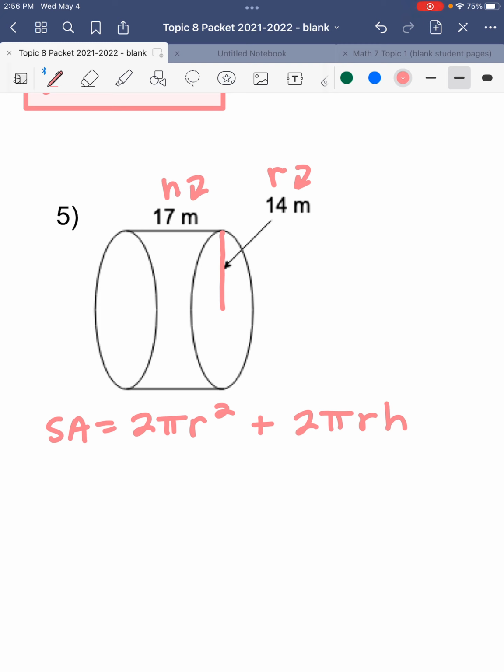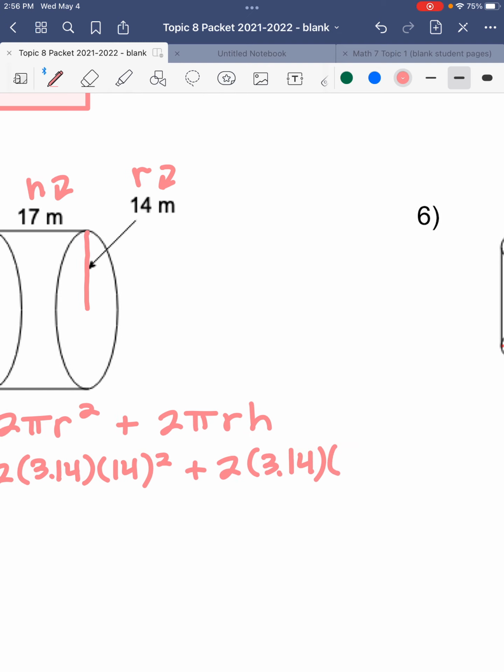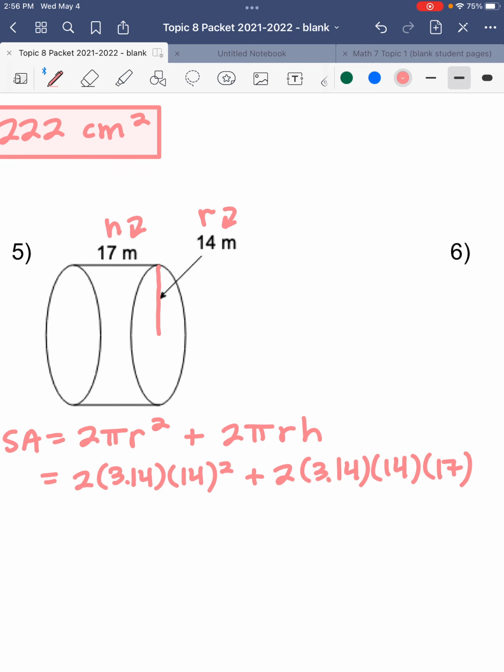Okay, so I have everything that I need right here. I'm just going to plug in and simplify. So we have 2 times 3.14 times 14 squared plus 2 times 3.14 times 14, that's my radius, times 17, which is my height.